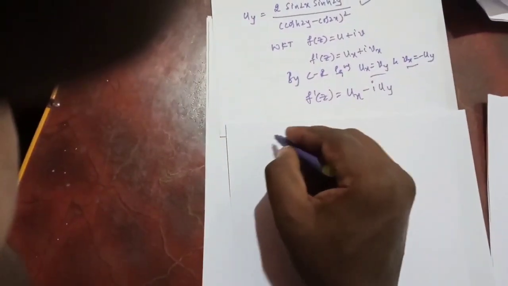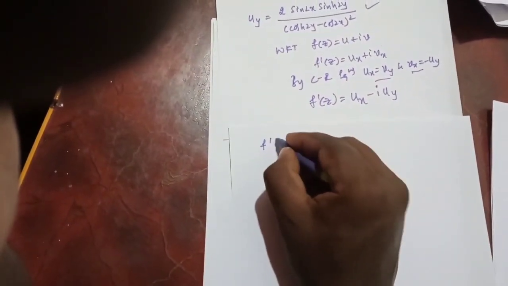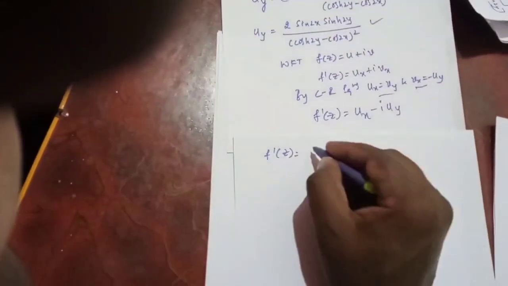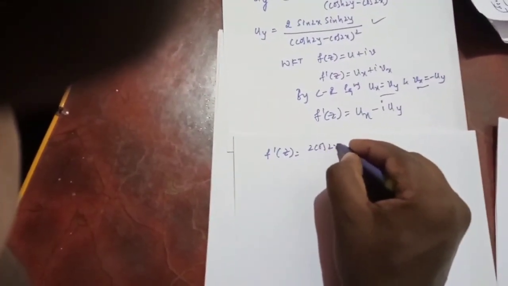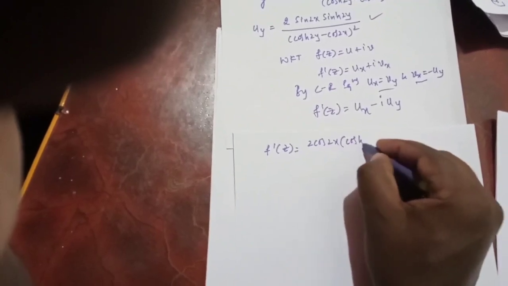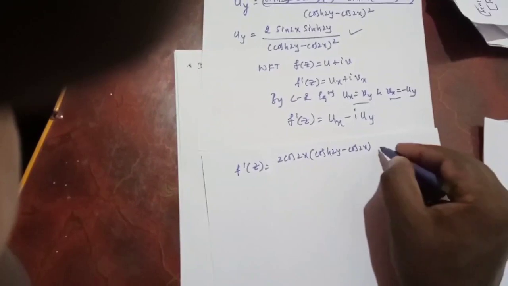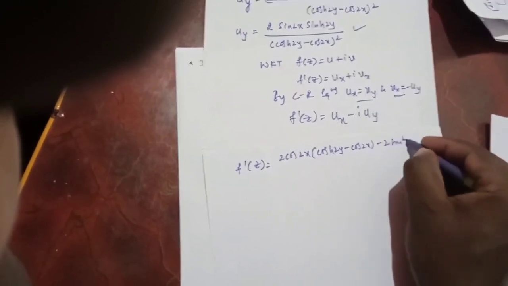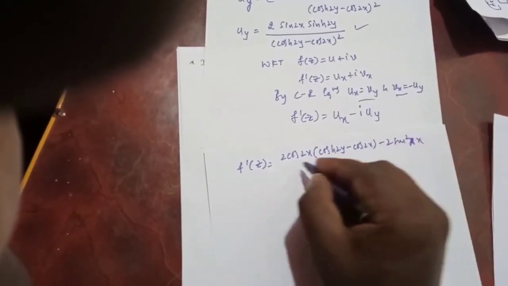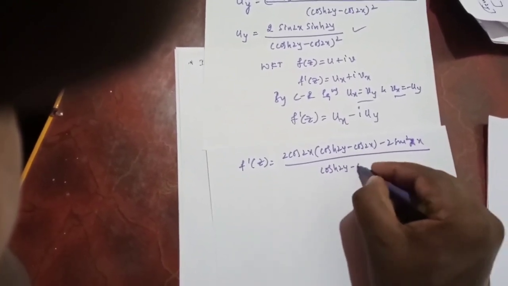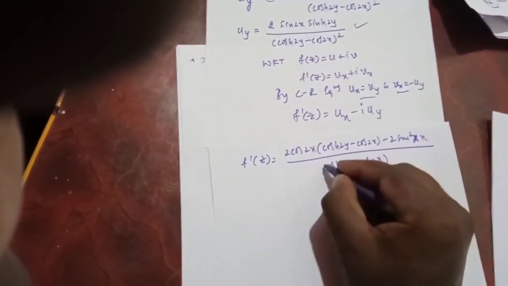Here f dash of z equal to, ux is 2 cos 2x cos hyperbolic 2y minus cos 2x minus 2 sin square 2x by cos hyperbolic 2y minus cos 2x whole square.